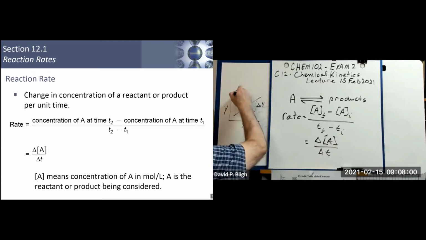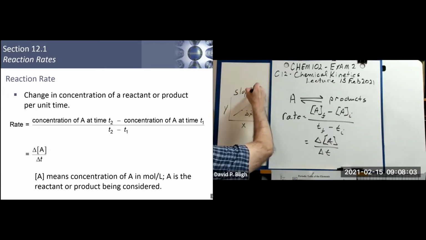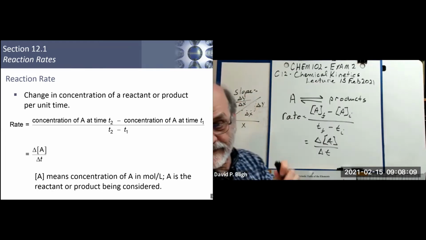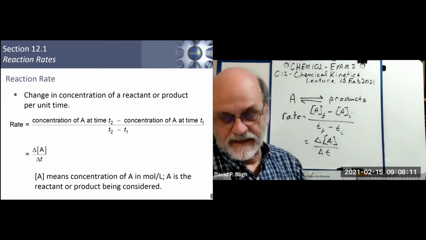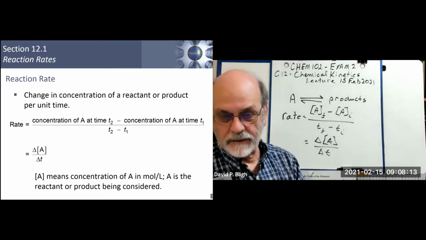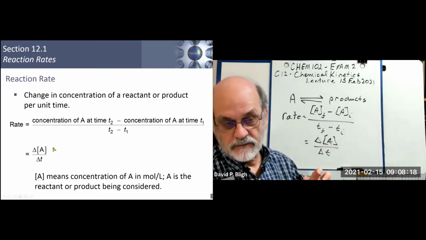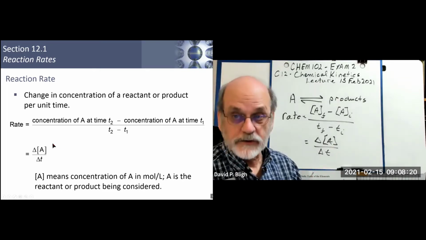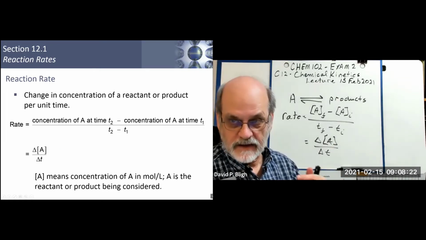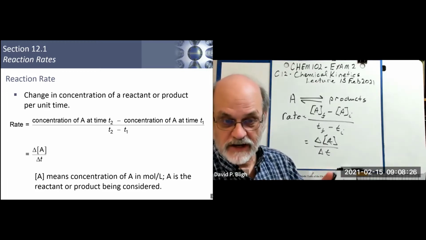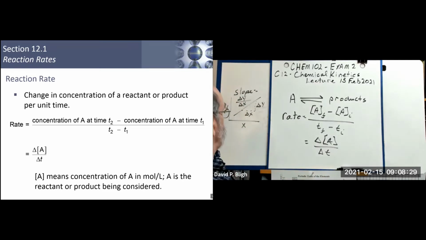Right? So the slope is equal to delta y over delta x. Okay? That's a preview of what's coming, because this could very well be and is also represented as a slope of a line. Change in A over change in T. So A would be here and T would be here. Okay.